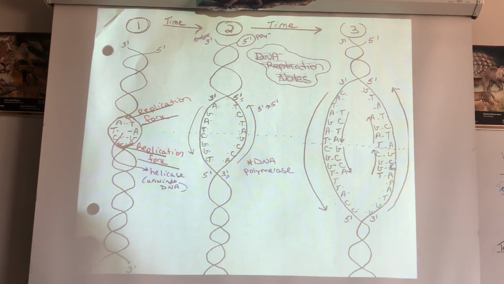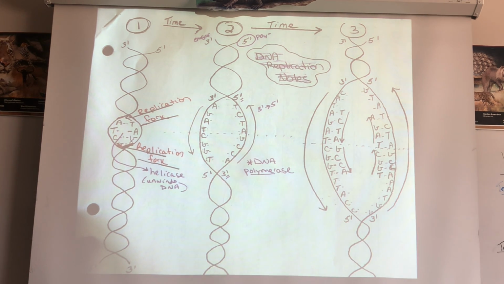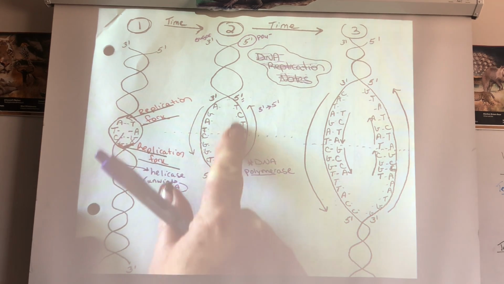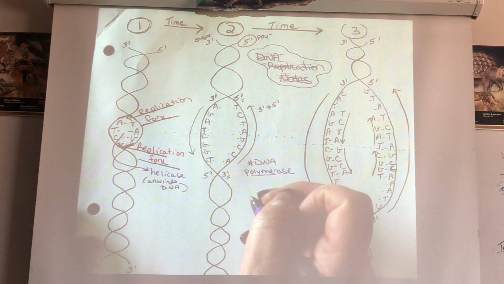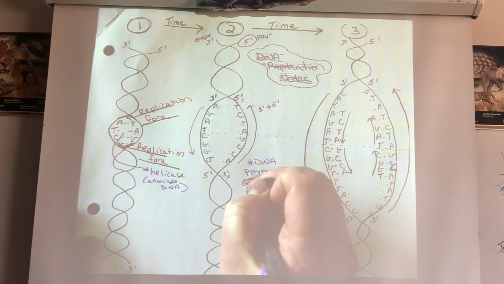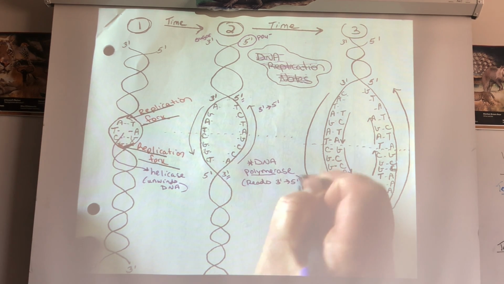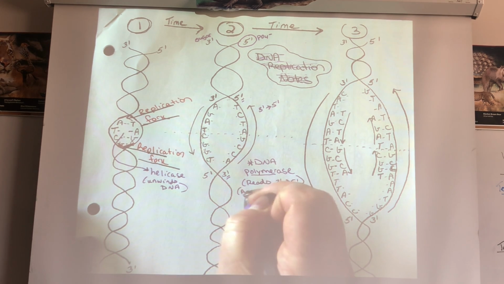If you remember from our first unit, a polymer is a long chain of something. And that's exactly what this little enzyme is going to do: make a long new molecule of DNA. Again, it reads in a 3' to 5' direction, and it's going to add one nucleotide at a time.